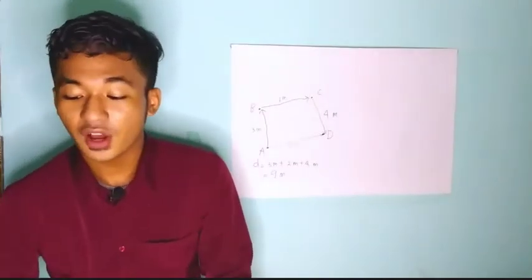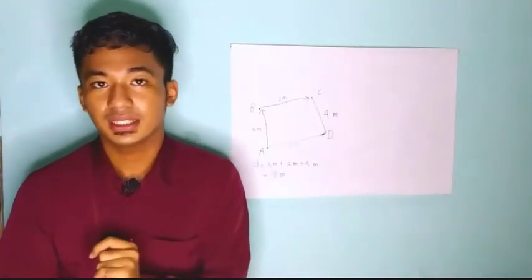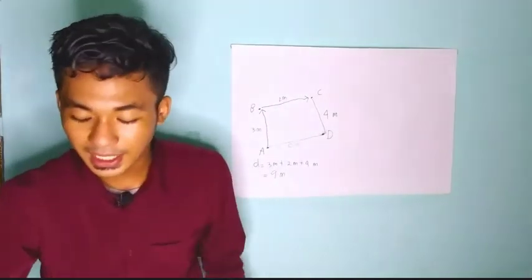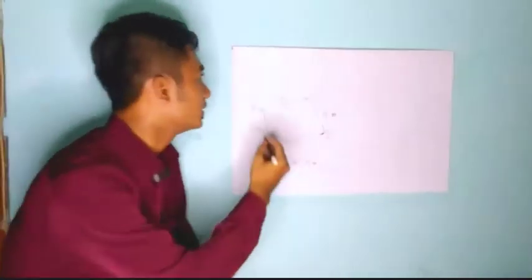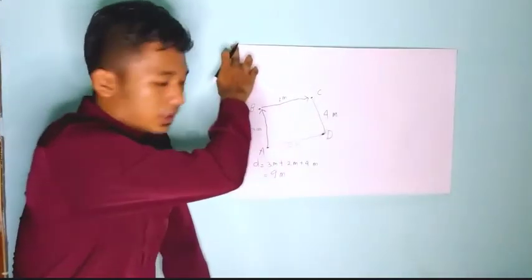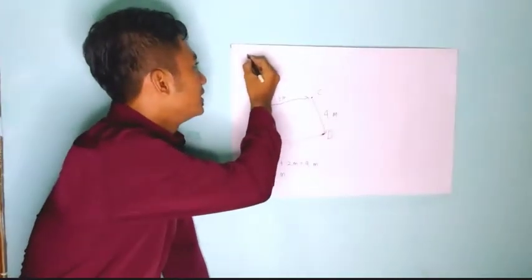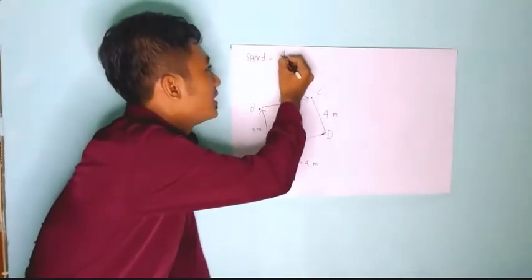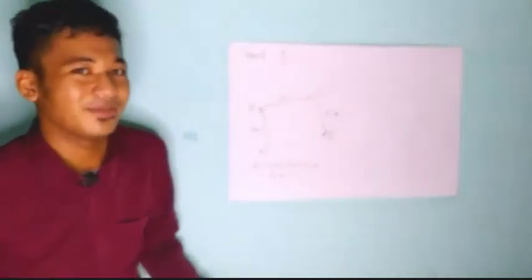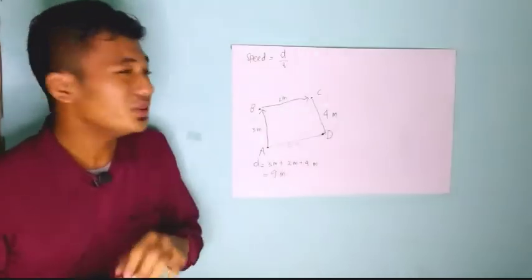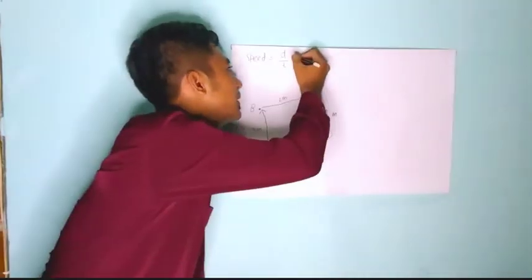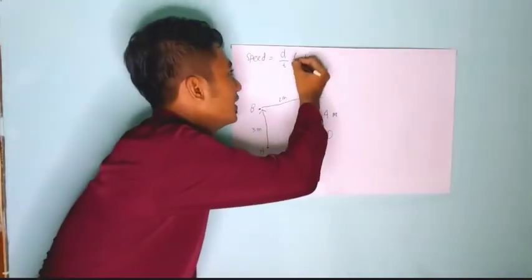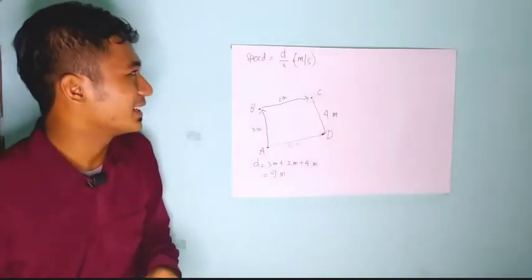Okay, let's move to speed. Speed is rate of change of distance. So the formula is distance over time. The unit of speed is meter per second.